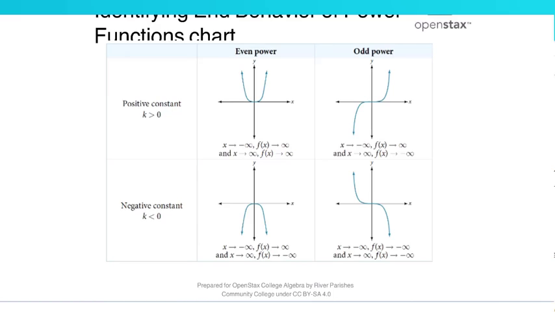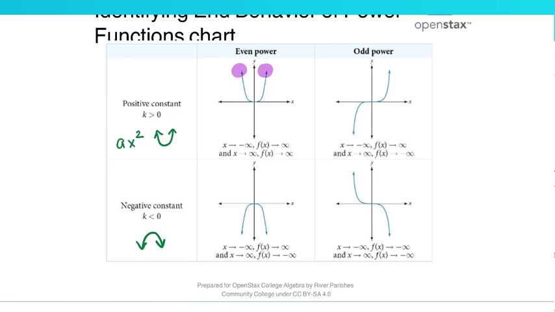So if you have an even power, if the k is positive, then the graph is going to point up. It's going to open up. And that makes sense. It's like saying, instead of the coefficient being k, we could say it's a, right? So when we had a x squared, if a was positive, it opened up. If a was negative, it opens down.